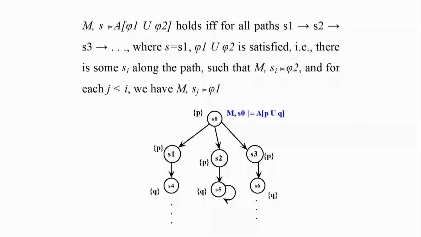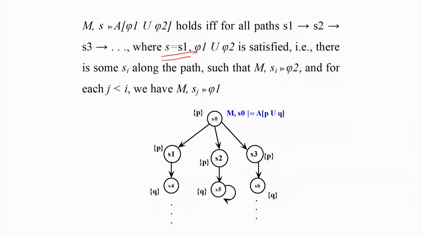Just see: A phi 1 until phi 2 holds if for all paths S 1, S 2, S 3 like that, where S equals S i, phi 1 until phi 2 is satisfied if there is some S i along the path such that M, S i models phi 2, and for all j less than i we have M, S j models phi 1.